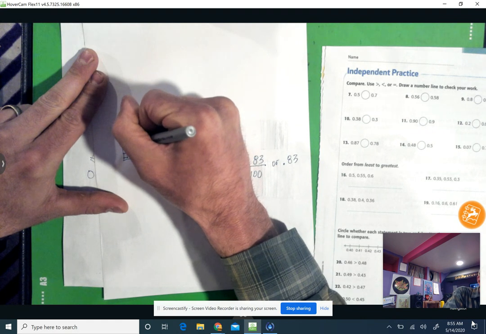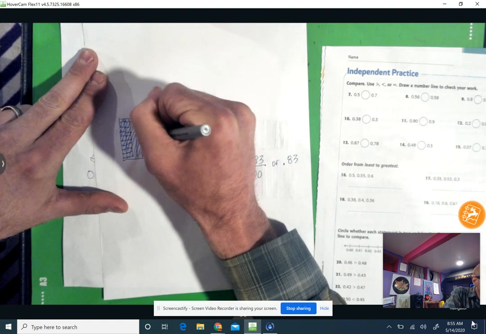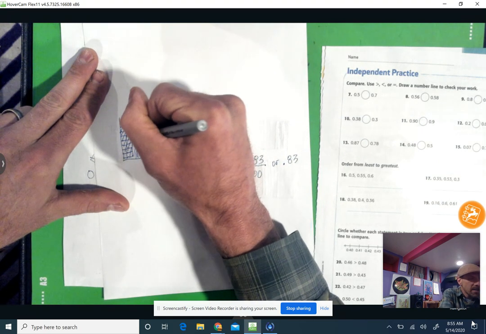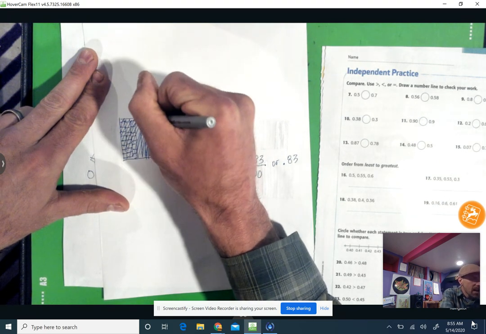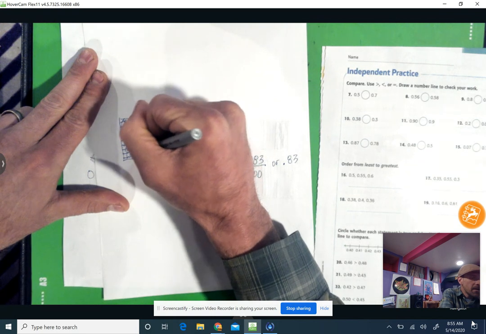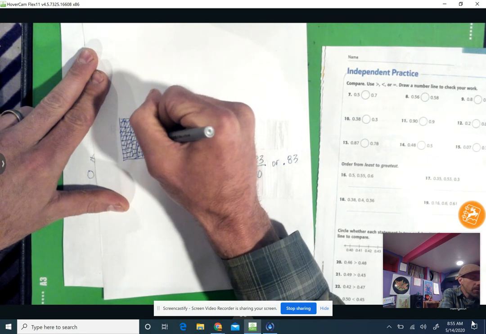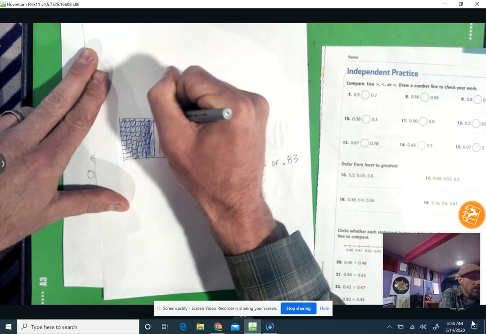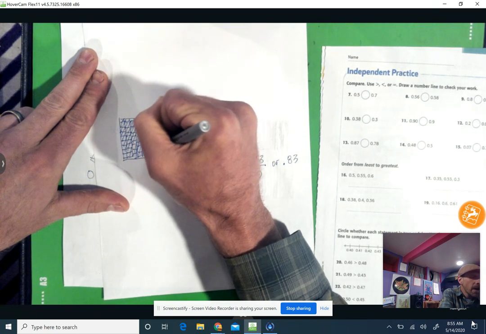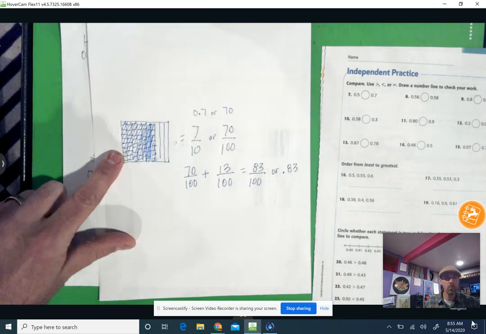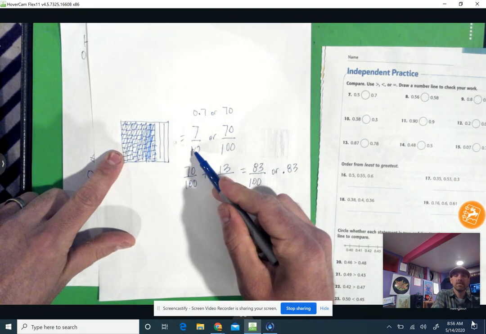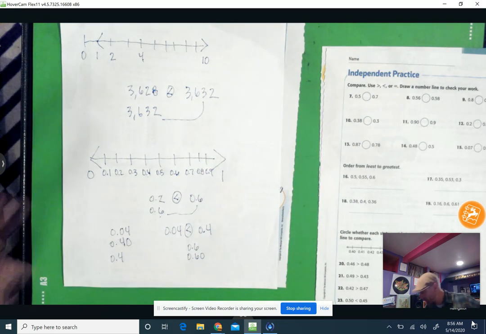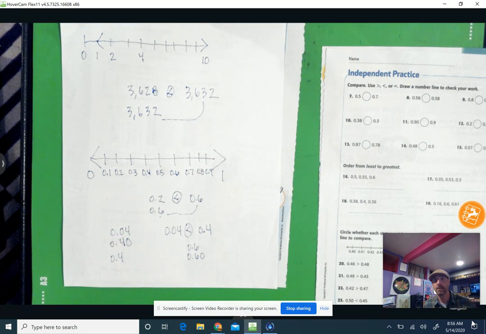And now all of a sudden, I don't just have 7 bars, I have 70 little boxes, 70/100s colored all the way through this little chart. Okay? So 70/100s is the same as 7/10. Just like 40/100s is the same as 4/10.